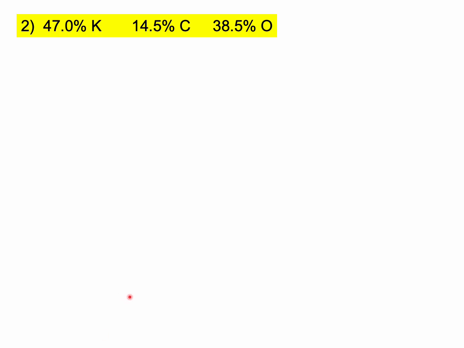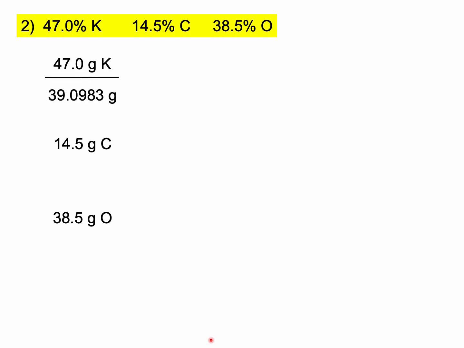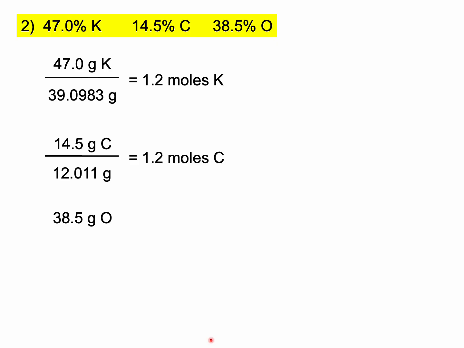Again, the first step we're going to do is pretend we have 100 grams, so we get rid of those percentages. And now we have 47 grams of potassium, 14.5 grams of carbon, 38.5 grams of oxygen. Divide each element by its molar mass to get the moles of each element.